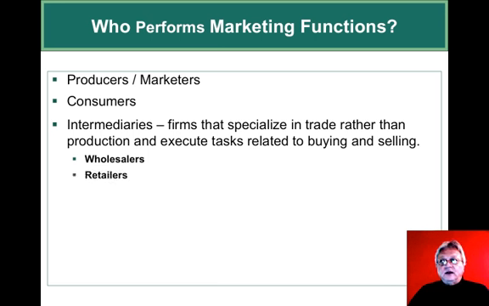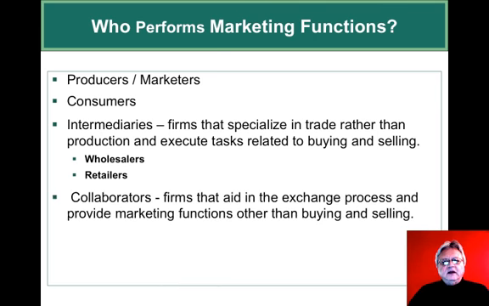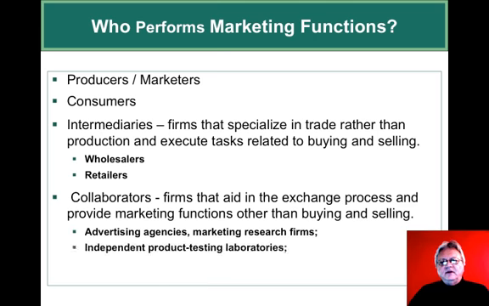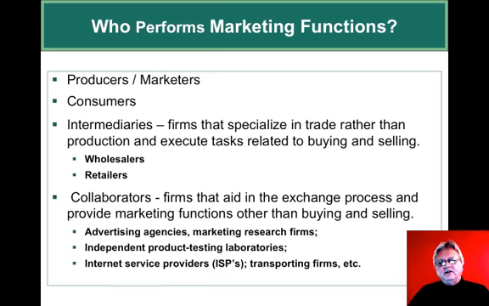Primarily wholesalers and retailers, and we'll talk about those in a couple later chapters in the latter part of the text. There's another category of firms that are involved in marketing functions, and in the textbook we refer to these firms as collaborators, and these are firms that aid in the exchange process and provide marketing functions other than simply buying and selling.